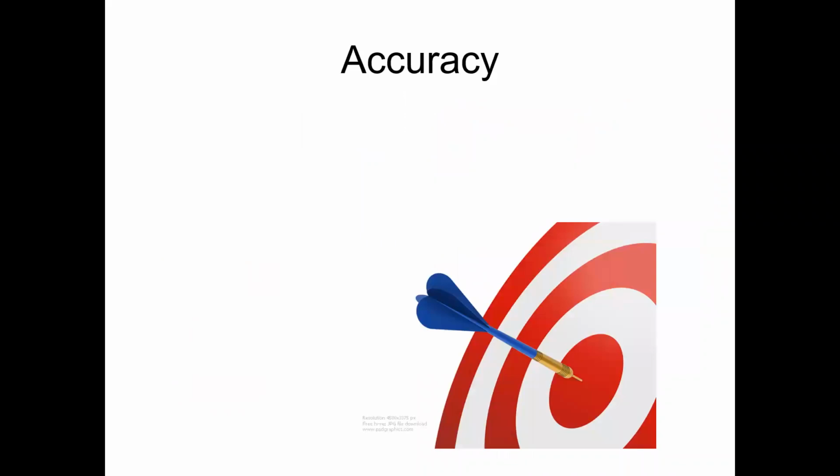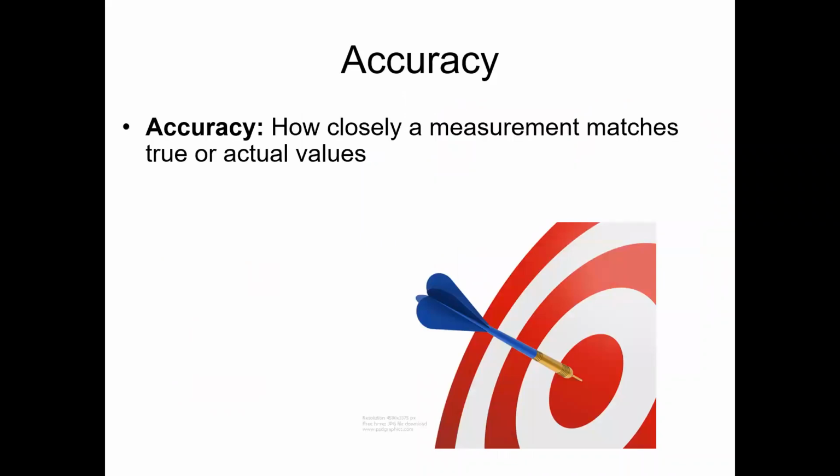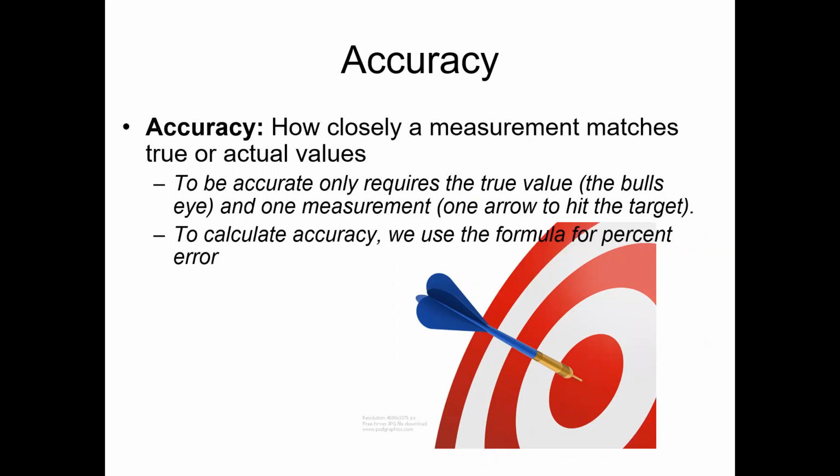What's the difference? Okay, so accuracy is how closely a measurement matches your true or actual value, which, if you notice in the lab, I gave you, right? And in order for you to calculate the percent error, all you actually need is two measurements, the actual measurement and your measurement, or the measurement that somebody else made, what is called the experimental measurement.